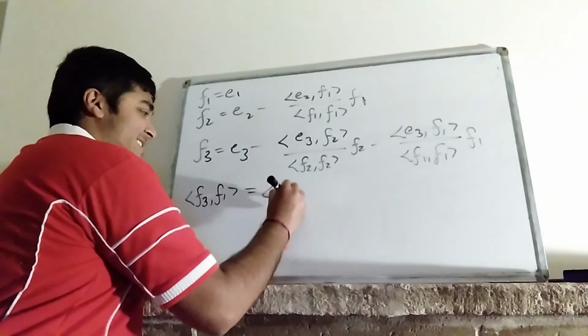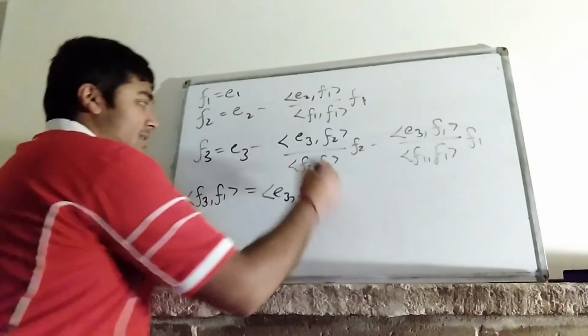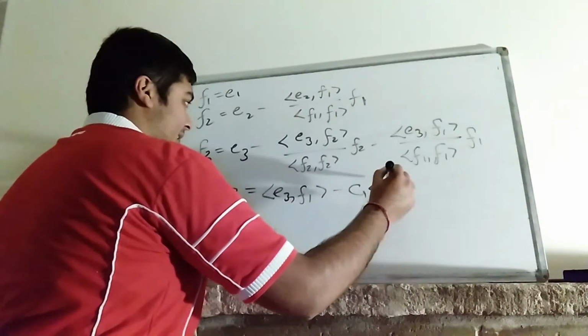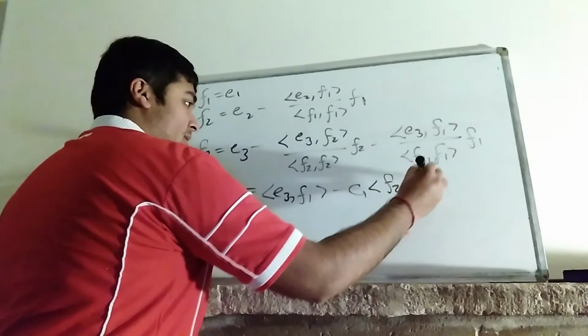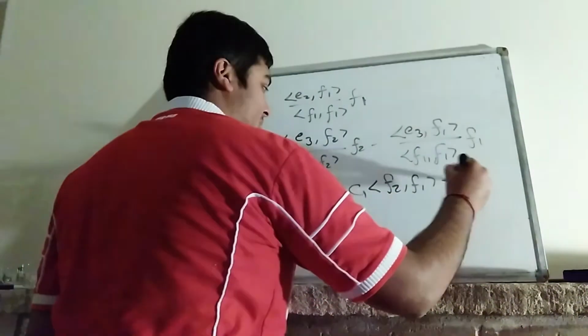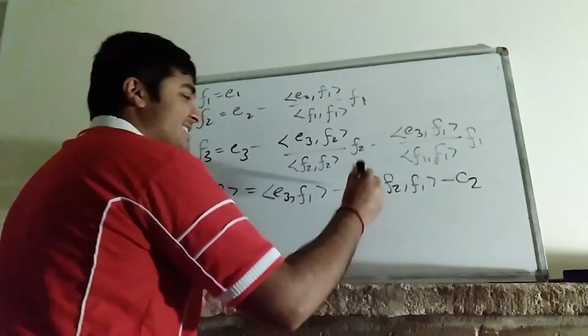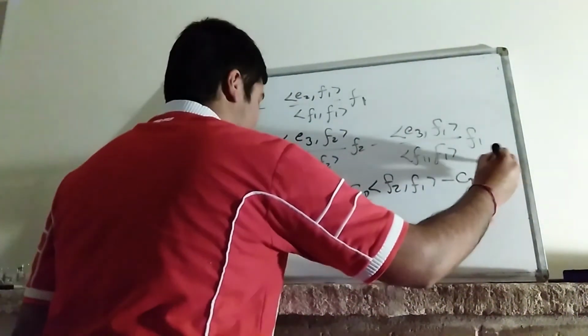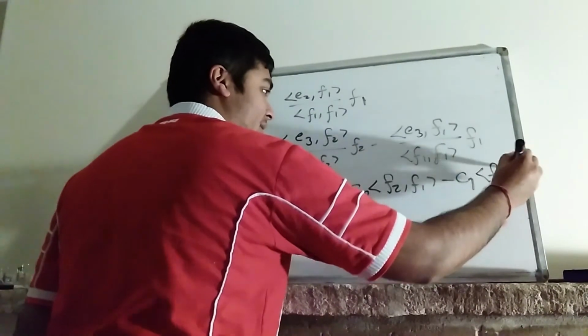That's ⟨E3, F1⟩ and then minus this, let me call it C1 term, and then ⟨F2, F1⟩. I'll call this constant here C2, this one here C1, so the numbers match up. C1 and then ⟨F1, F1⟩.